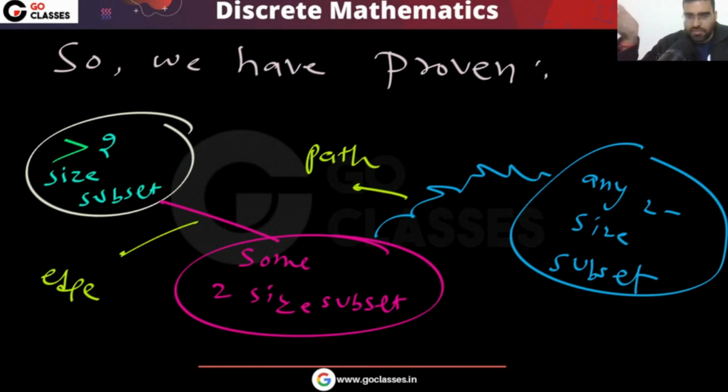If you take any two subsets whose size is greater than or equal to 2, we can create a path between them. This is your third question. Now the complete analysis is over. So now you are free from this question.